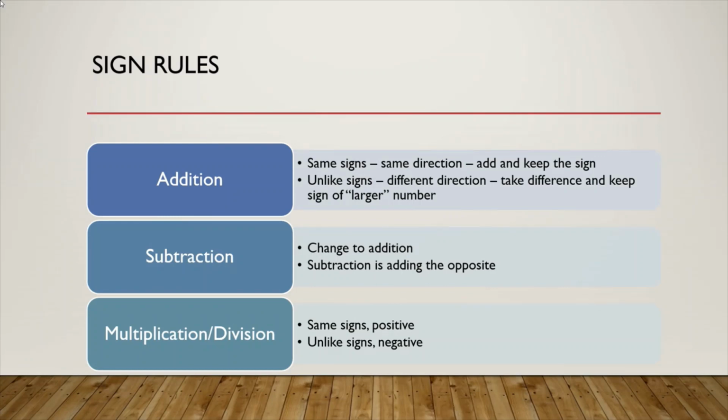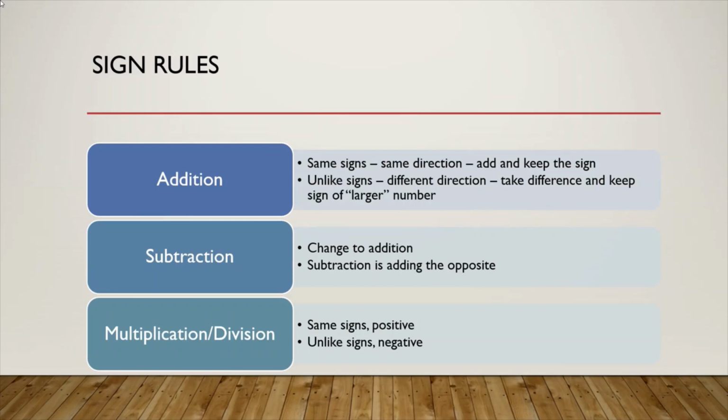If the signs are different, like one is positive, the other one's negative, they're going in two different directions. You take the difference of the two, larger minus the smaller, and then you would take the sign of the larger number. Now, the sign rules for multiplication and division are easier.